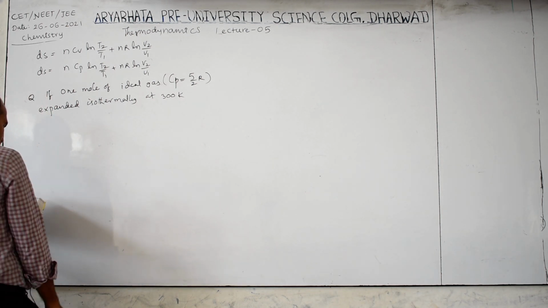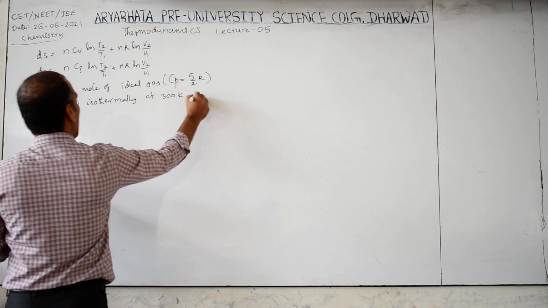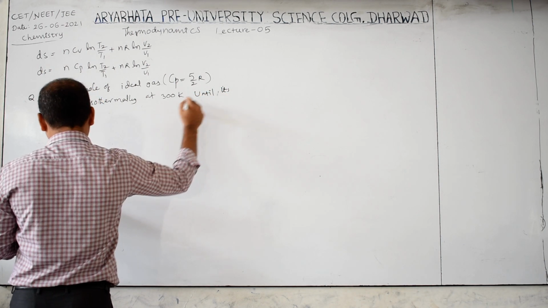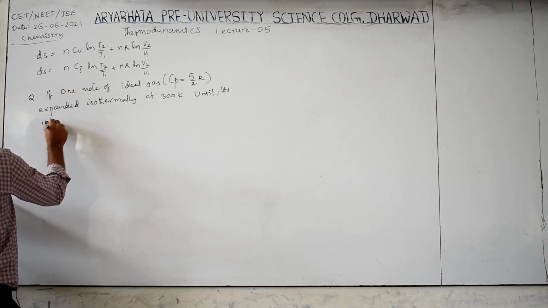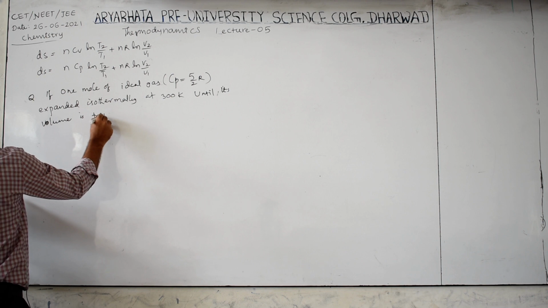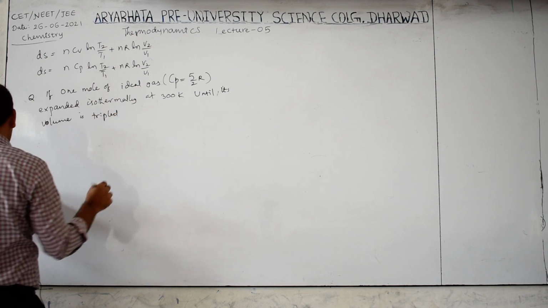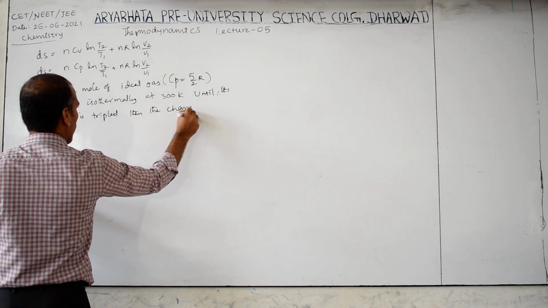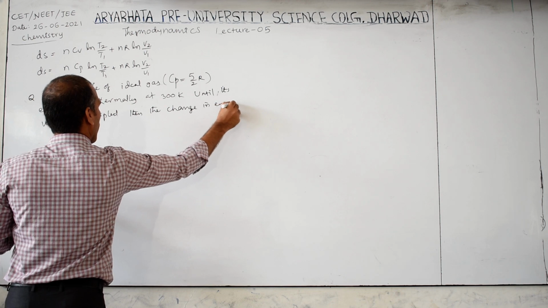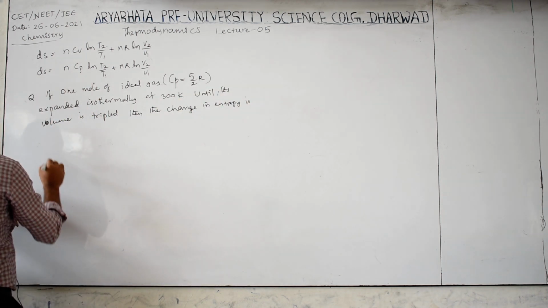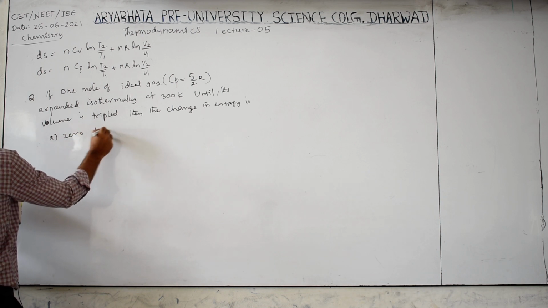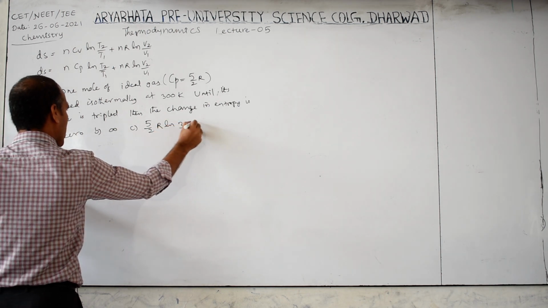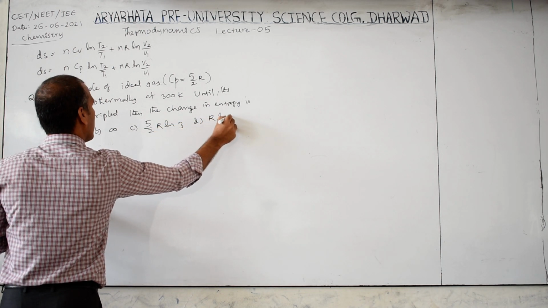Only one temperature is given, that is isothermal only because temperature is constant, until its volume is tripled. Then the change in entropy is: A 0, B infinite, C 5 by 2 R ln 3, D R ln 3.